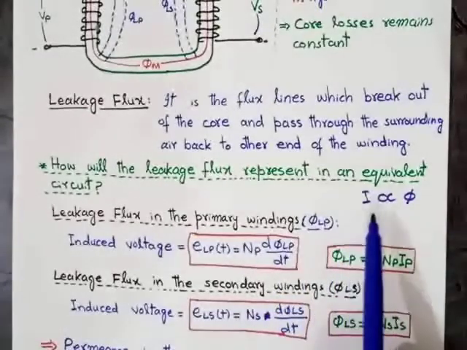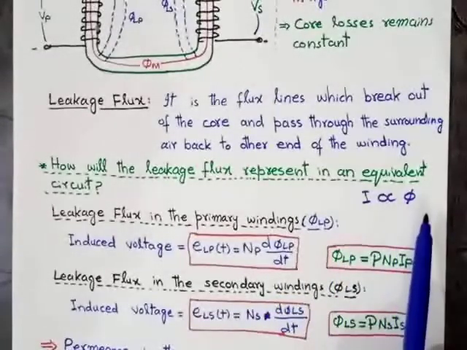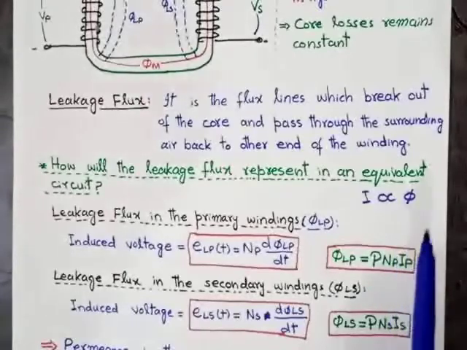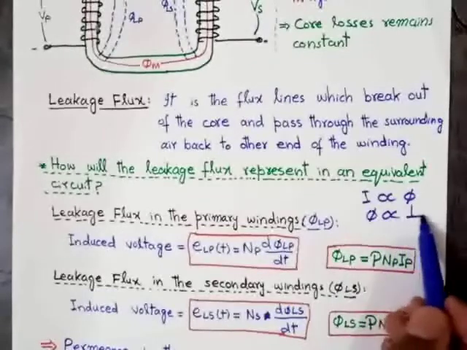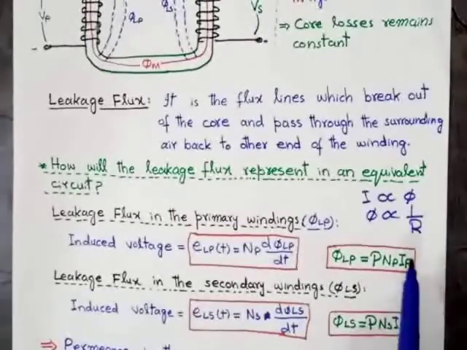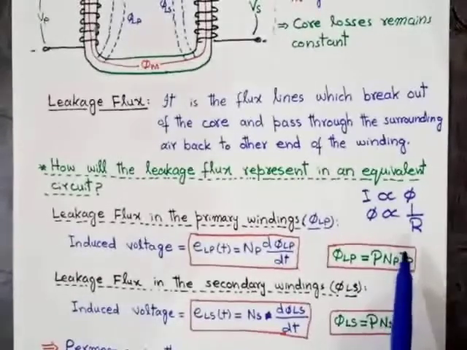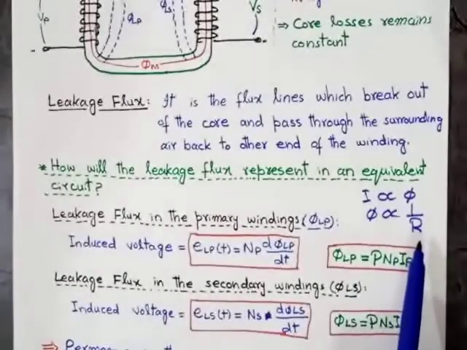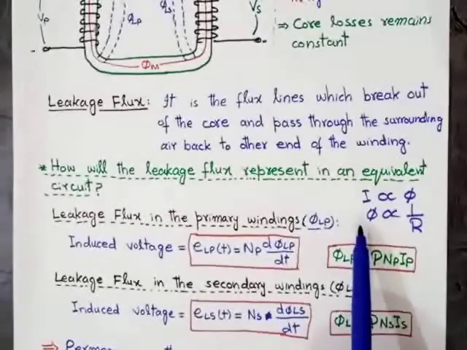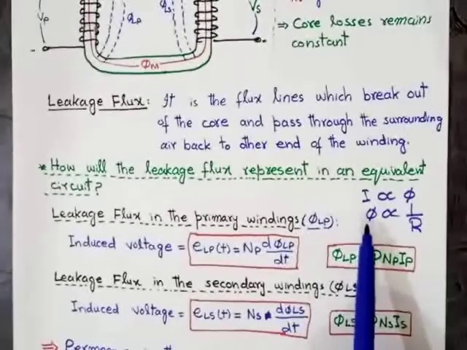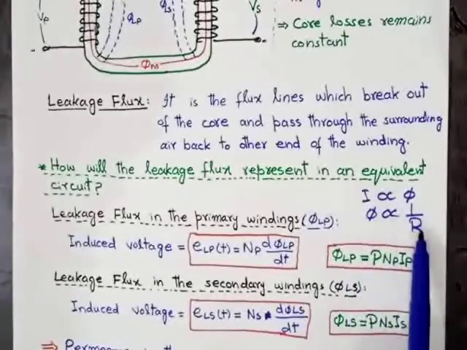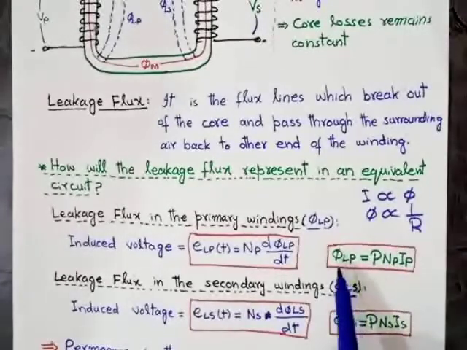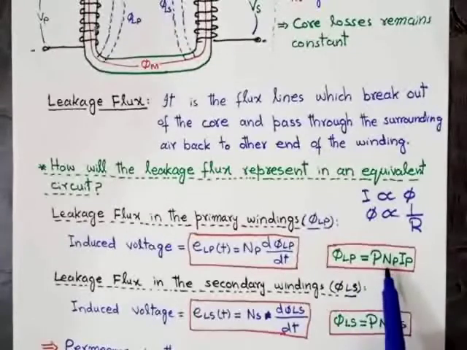And we have also discussed that the relationship between flux and reluctance is inversely proportional. Reluctance is the opposition to flux. When the reluctance is more, the value of the flux will be less. It means flux is directly proportional to current and inversely proportional to reluctance. Therefore, flux will be equal to current over reluctance.